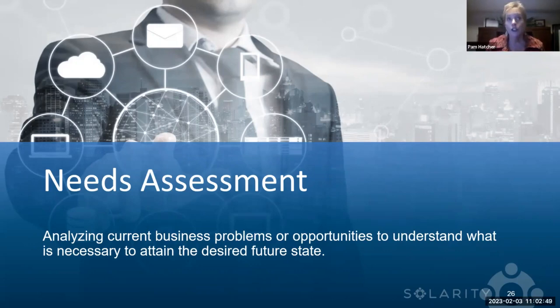We should ask ourselves, are the current business problems or opportunities understood? What are they? You're trying to identify them. And if they are understood, what is necessary to take us from that current state, either an opportunity to change something or a problem we have to change, to that desired future state? That is what we are saying within the needs assessment.